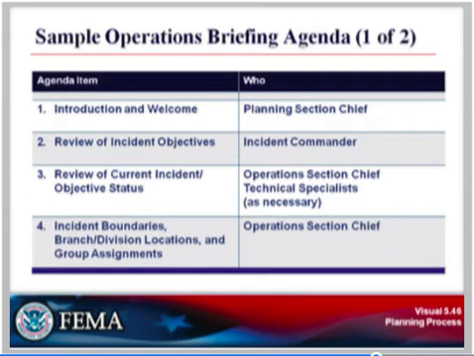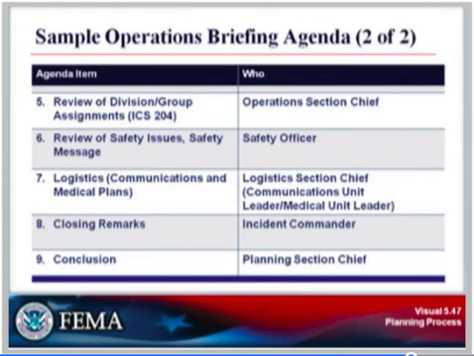The Operations Section Chief indicates incident boundaries, branch or division locations, and group assignments. The Operations Section Chief also reviews all division and group assignments, or the ICS Form 204s, ensuring that the division and group supervisors thoroughly understand the tactical assignment, resources, communications, special instructions, and safety issues associated with the division or group.